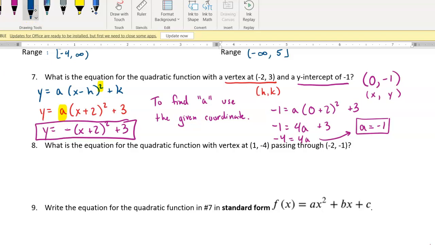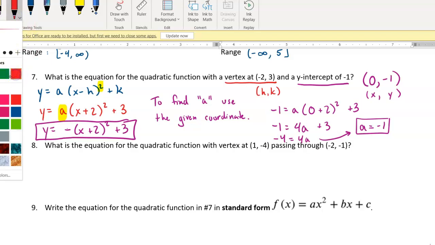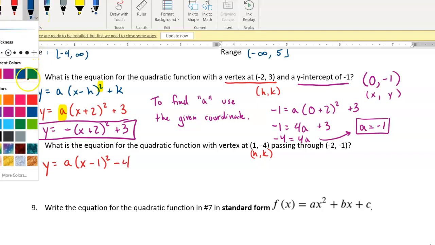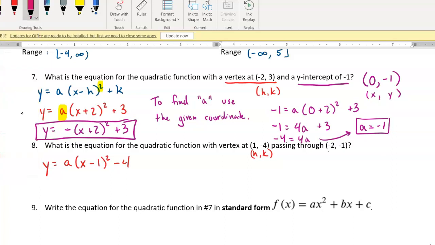All right, so first thing we're going to do, I'm not going to rewrite the equation like I did the first one. I'm going to just write it like this. We'd have a, and then our h and k would be 1 and -4. So it would be x minus 1, quantity squared, plus -4. So now I want to find out what a is. This time they actually give us the coordinate, -2, -1.